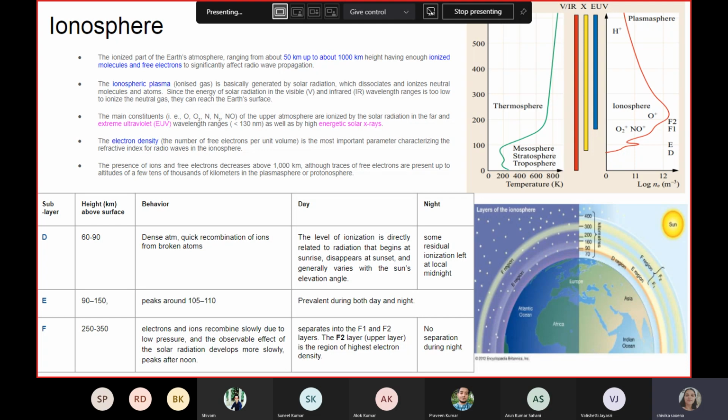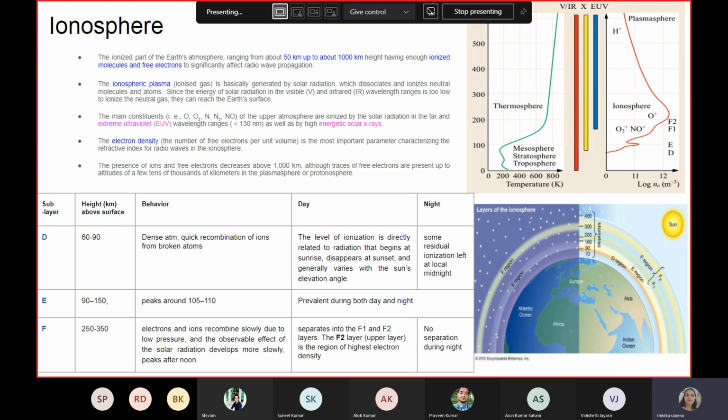The level of ionization is directly related to the radiation that begins at sunrise and disappears at sunset. Whatever ionization is happening, it is happening because of the energy obtained from the sun.